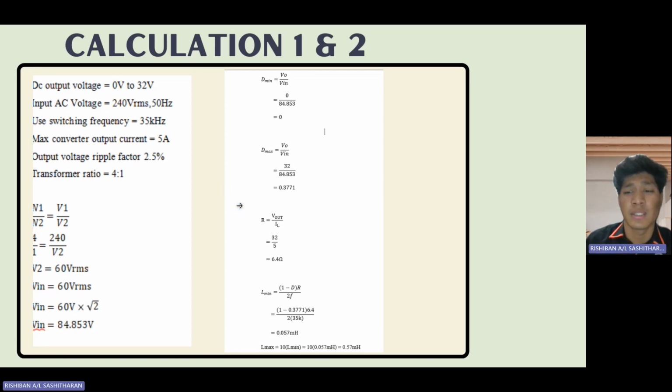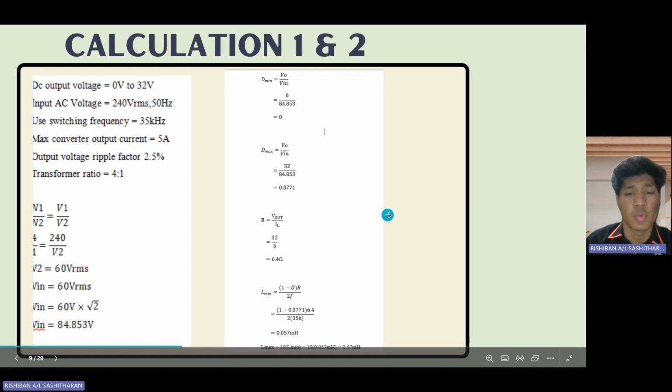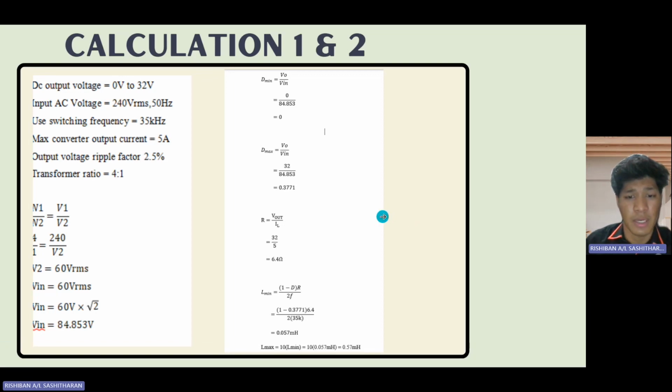And now we calculate the value of R. The value of R is V out over IL. Okay, our V out is 32 divided by IL, which is 5 ampere, and then we will get our R is 6.4 ohm. And next, we calculate the value of L min, for which the formula is 1 minus D times R divided by 2F.